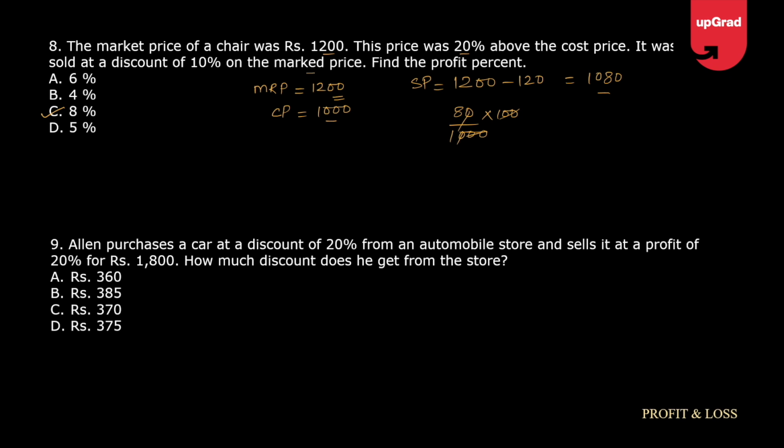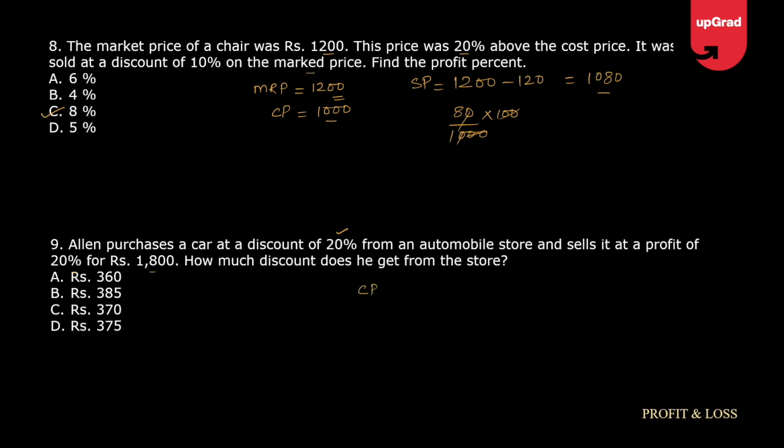Ellen purchases a car at a discount of 20% from an automobile store and sells it at a profit of 20% for rupees 1800. How much discount does he get from the store? Now this is a different question. Let's see what it says. Ellen purchases a car at a discount of 20%. So for example, the cost price was CP.